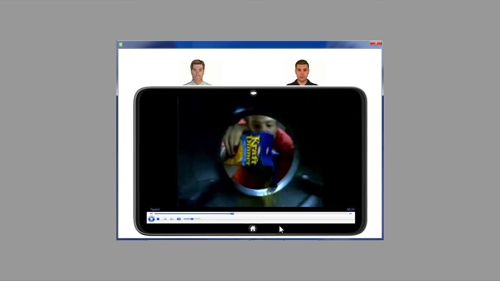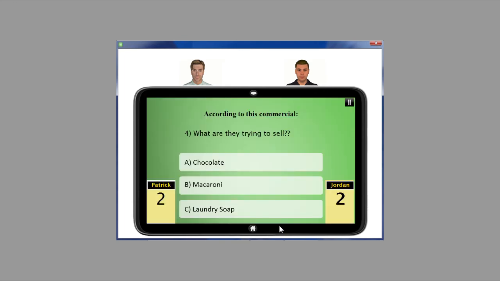According to the commercial, what are they trying to sell? No, that's not right. It should be A. Chocolate. Patrick, you are correct. Good effort. The correct answer is B. Macaroni.